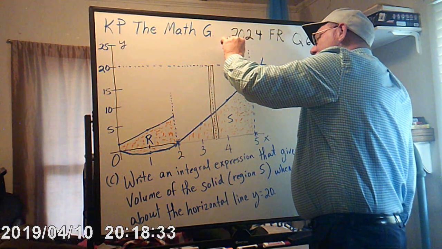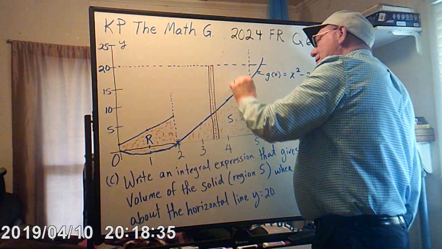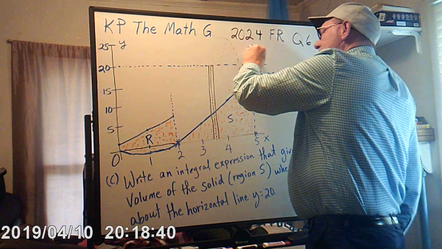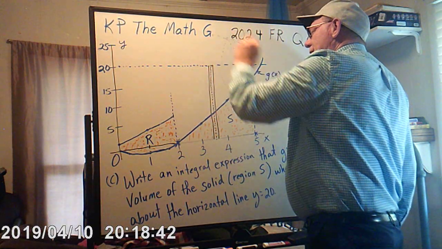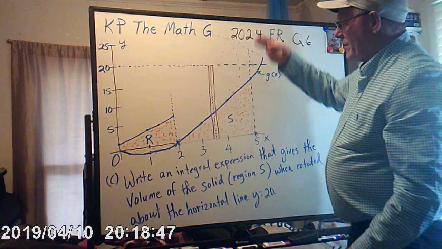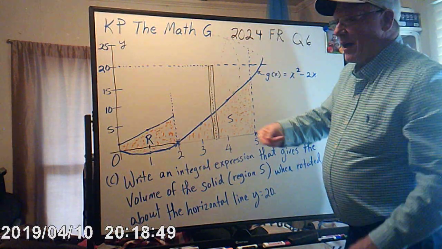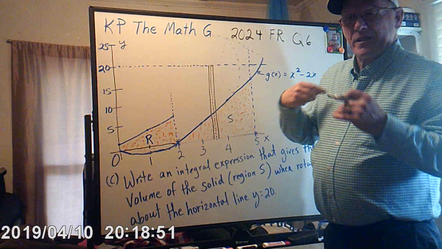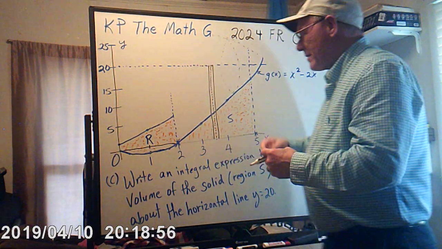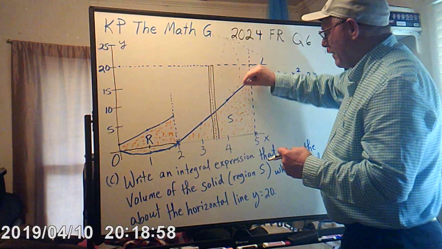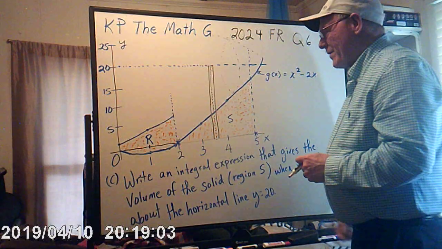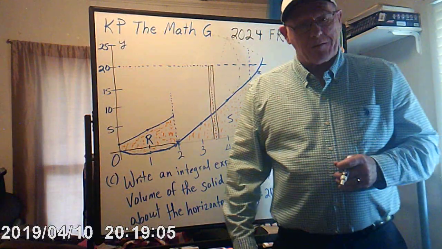You see what I'm saying? You're going to have a circular area right in here. That's why you are dealing with pi r squared, because that is your circle, and it's the area times the thickness, delta x, dx, and that's going to give you the volume of revolution. That's how that works.